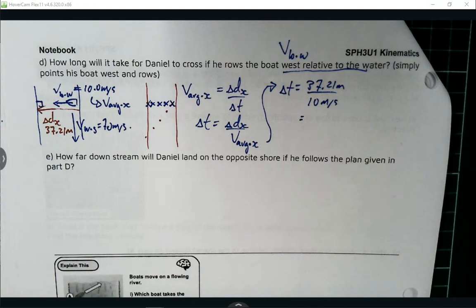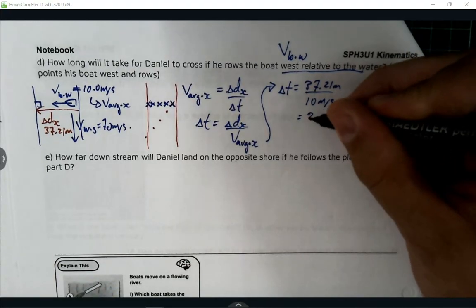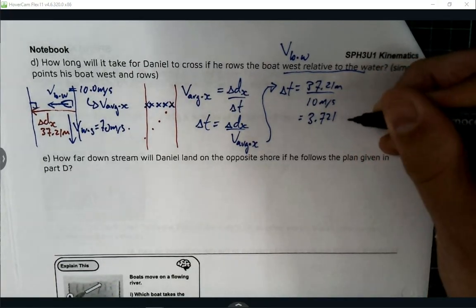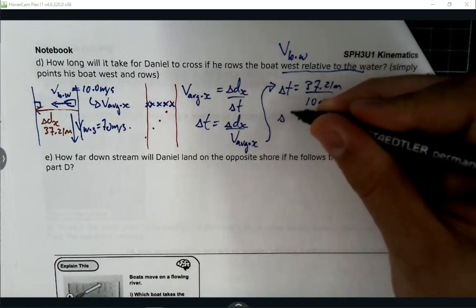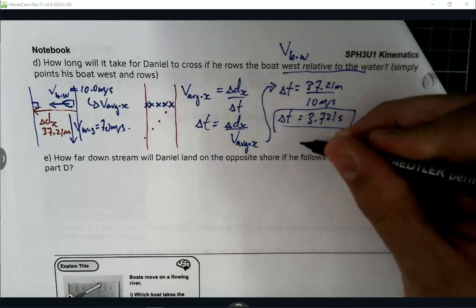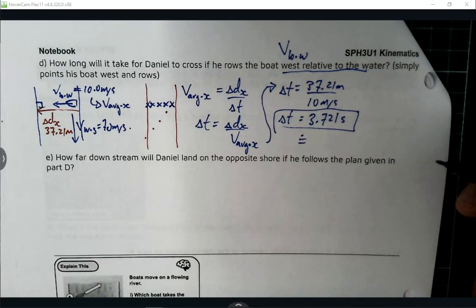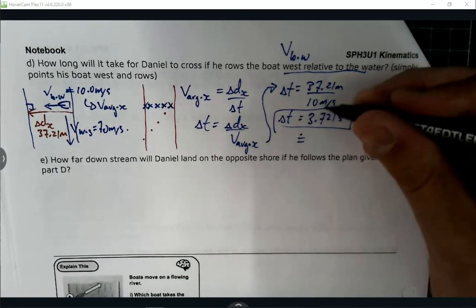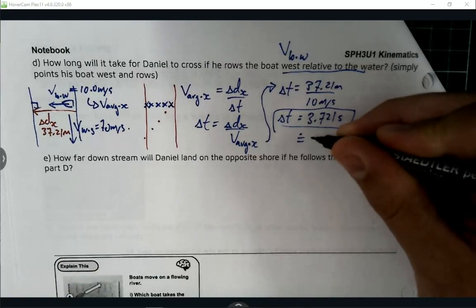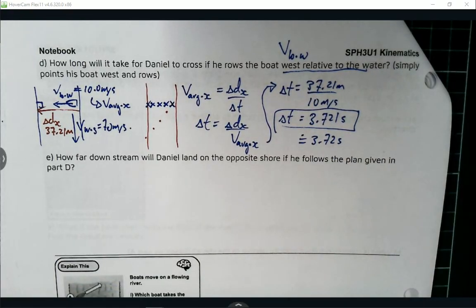Any number divided by 10 is friendly, because you just move the decimal place over one. So this takes 3.721 seconds to cross. We can write it as approximately equal to, if you like. It's 3 sig figs, since 10.0 is 3 sig figs. So 3.72 seconds.